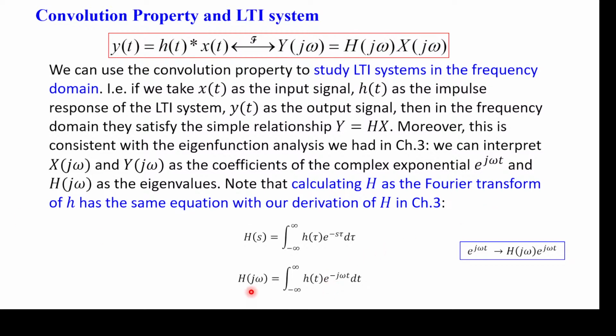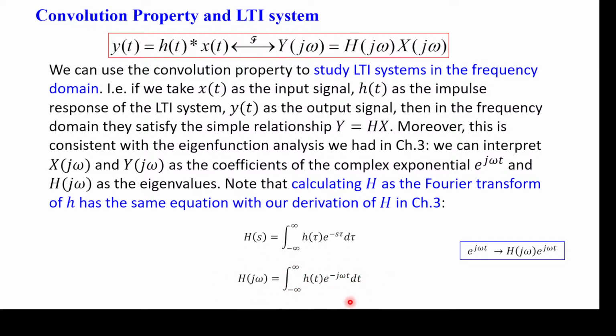And in chapter 3, we derived those equations for our system function, this eigenvalue big H. So we said the eigenvalue or system function big H of s, where you have this e to the st, is equal to the integration of h of tau e to the minus s tau. And when you restrict to purely imaginary s, so you have H of j omega, then we have big H of j omega equal to the integration of small h of t e to the minus j omega t dt.